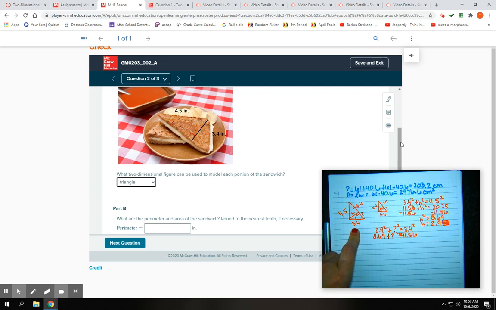So I'm going to take my 11.56, I'm going to subtract 8.69. That gives me just my question mark squared, which is 2.87. Find the square root of that guy. That means my question mark is 1.694, so about 1.7.